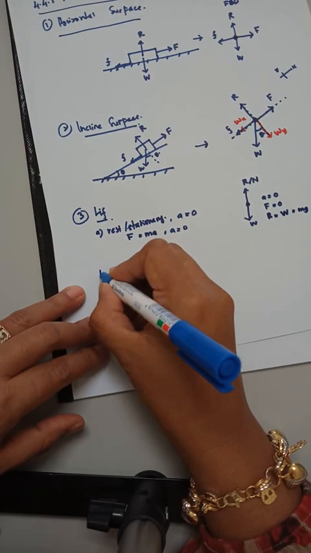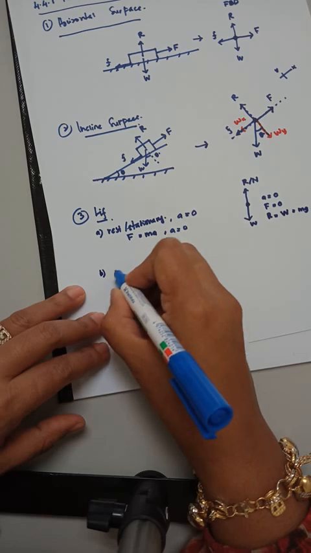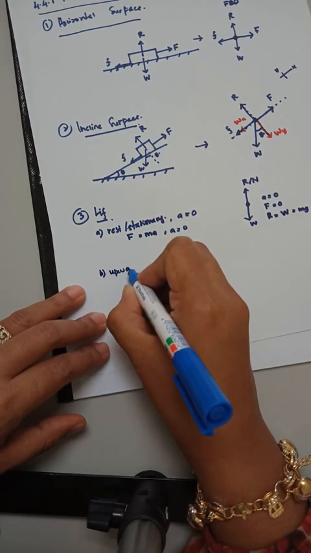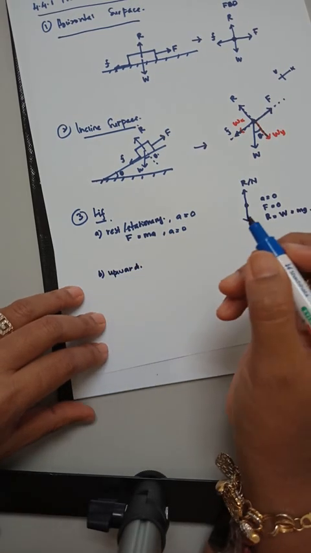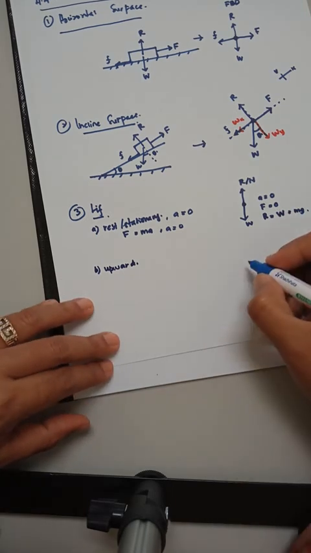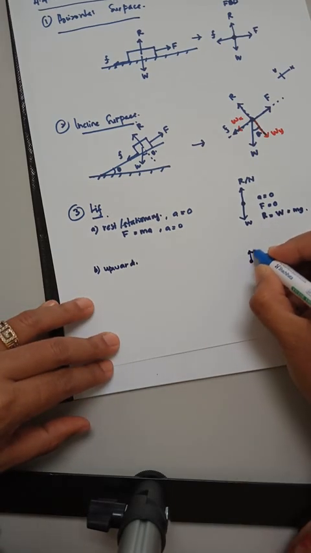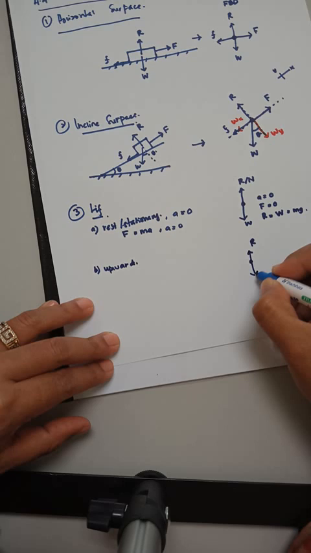The second, B, when it moves upwards. When it moves upwards, it has a reaction force and it has weight.